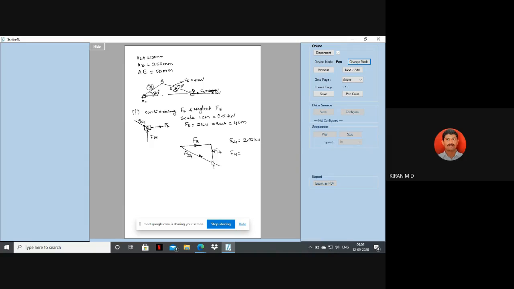But for F14 I got only 0.45 kilonewton, means 450 newton. 0.7 centimeter will become 0.35 kilonewton. I got 0.45 kilonewton. So what about others? I got 0.5 kilonewtons. 0.6 kilonewtons.